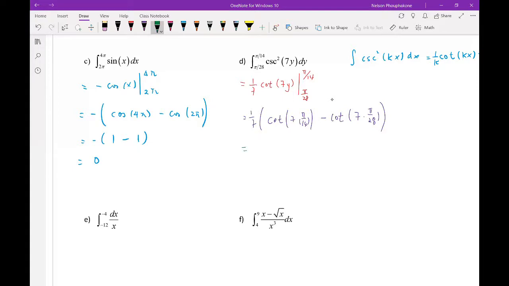Then now I will have 1 over 7. So I have cotangent of pi over 2 minus cotangent of pi over 4. Then now, my bad, there must be a negative sign right here.